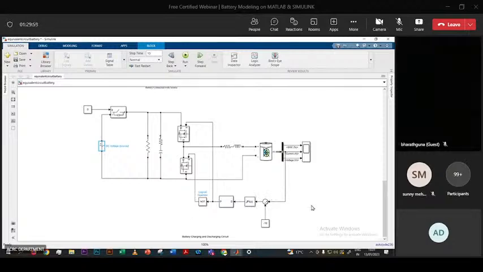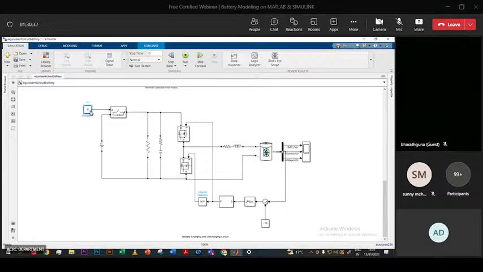We can charge our battery by three methods: constant current, constant voltage, and constant current with constant voltage. I have used constant current here, connected this current port, and using the PID controller and PWM generator I generated the pulse, which is given to the converter MOSFETs for the operation. So here there is 0 and 1.